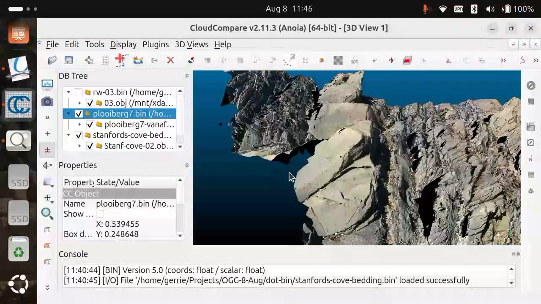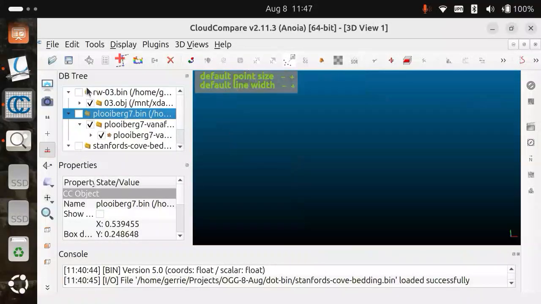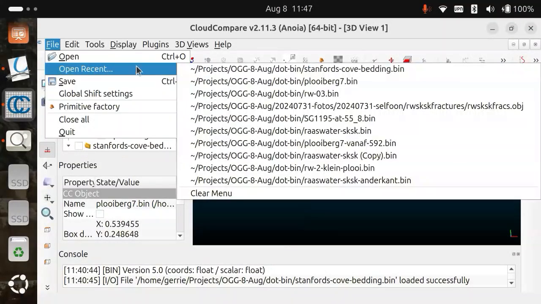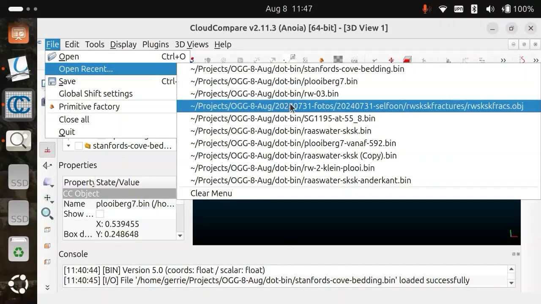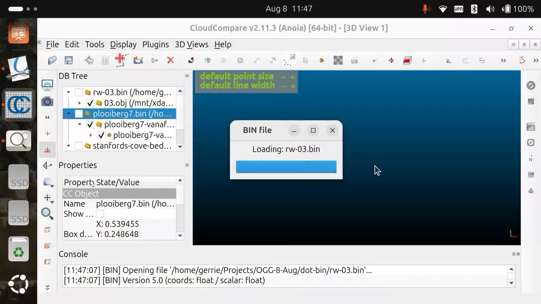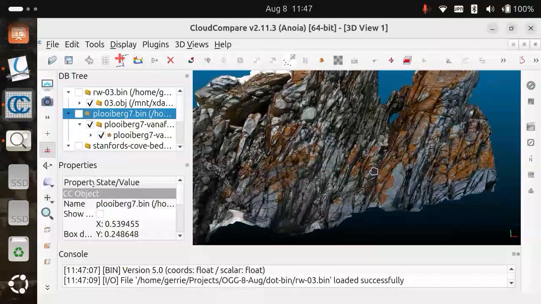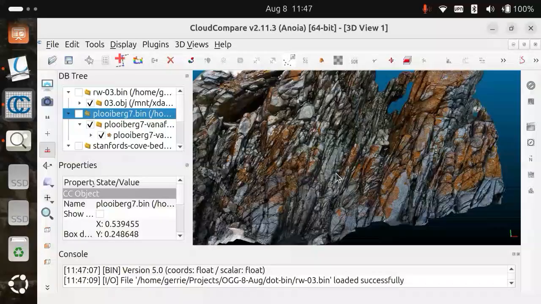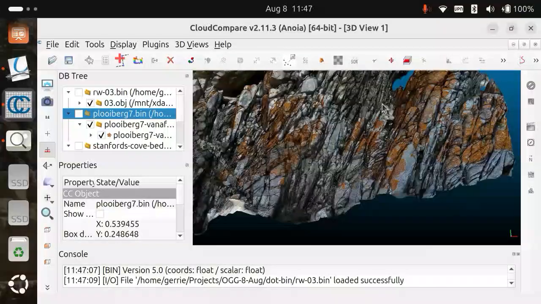I can open another one for recent. Let's look at, there's that shear zone we're going to look at. You can see, interesting, the extension fractures on the one side of the main zone.